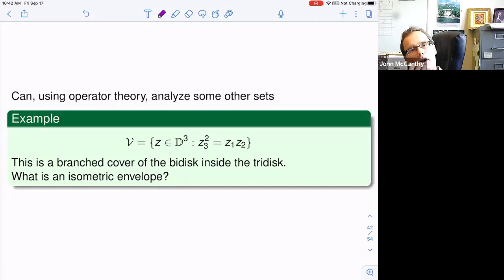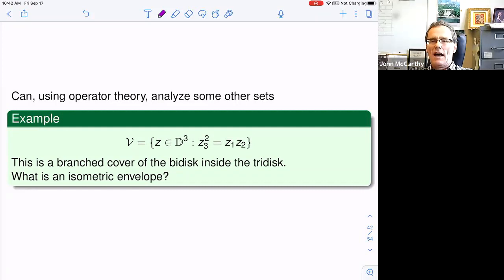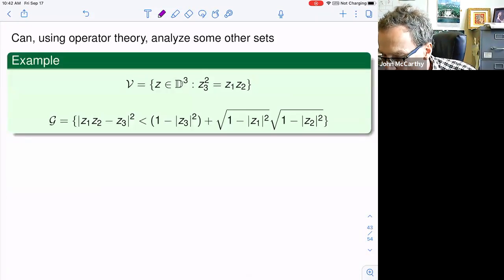So then you can ask, well, this is a set V, so we know that there's some three-dimensional set Omega such that the pair Omega, V has the isometric extension property. Can we say what they all are? Well, I claim that in some sense we can.